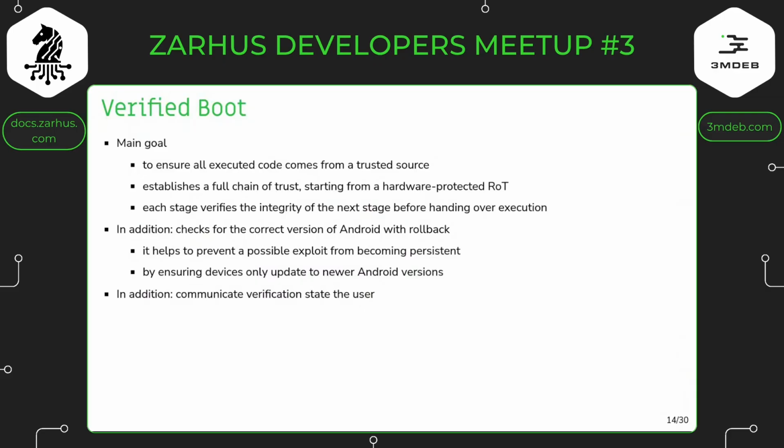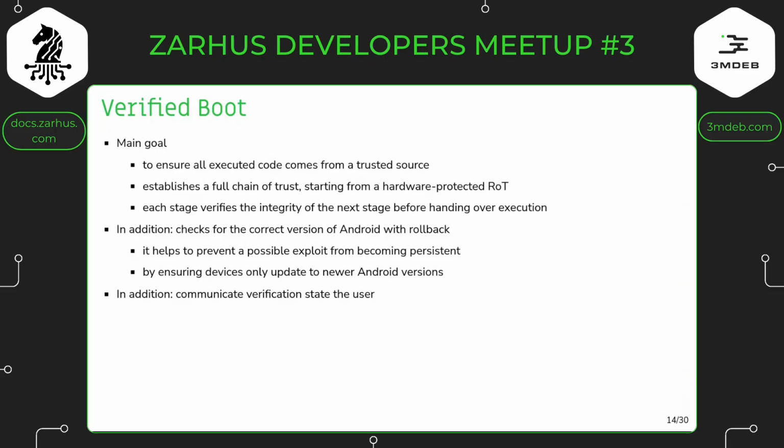So verified boot. So what is Android Verified Boot? Its main goal is to ensure that all executed code comes from a trusted source, and by all code we mean the OS code. So we start verification from the Android kernel, then all of the partitions, and so on, because that's what Android focuses on.